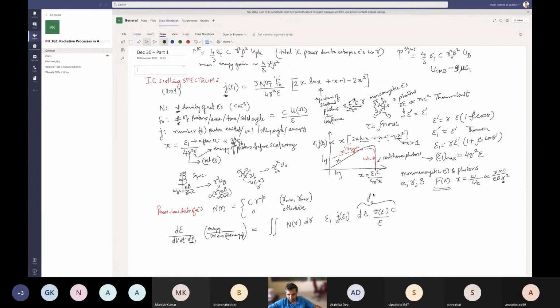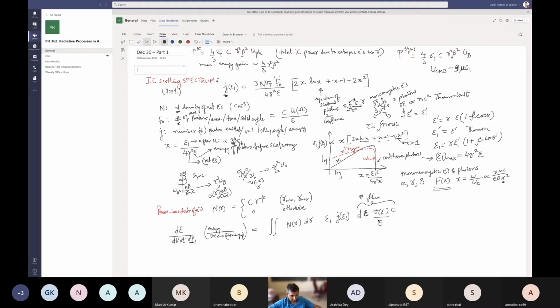So this is number flux. v epsilon times c is energy flux, and you divide by the energy of the photon, then you get the number flux of seed photons. That's why we have epsilon, not epsilon 1. These are unscattered photons that we are talking about. Epsilon 1 is after scattering.